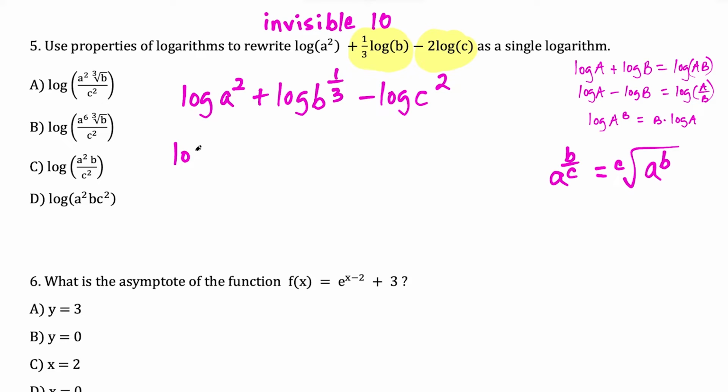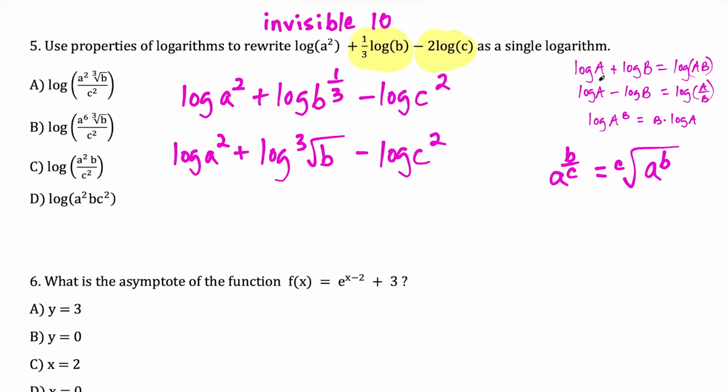We have log of A squared plus, with my power 1 and my root 3, log of the cube root of B. I can write B to the first power, but that doesn't add much value, so I'm just going to leave it out. When there's no power written, the invisible power is 1. And then we have minus log of C squared.